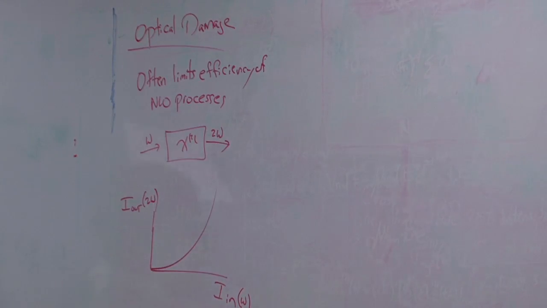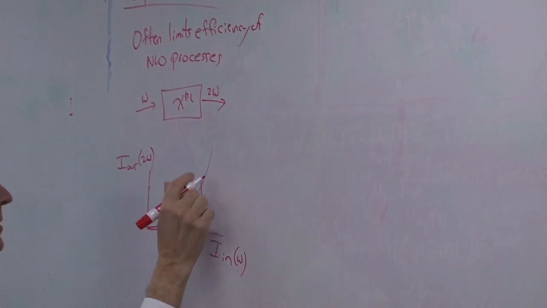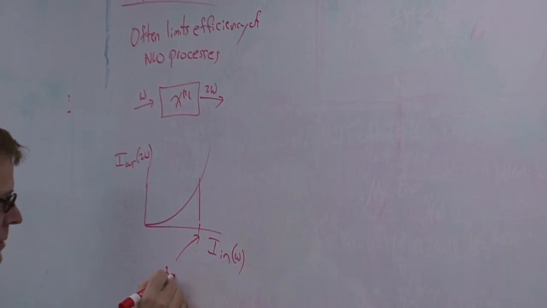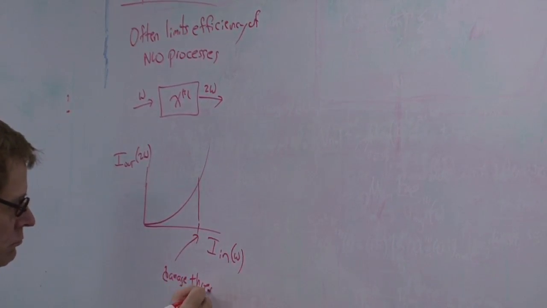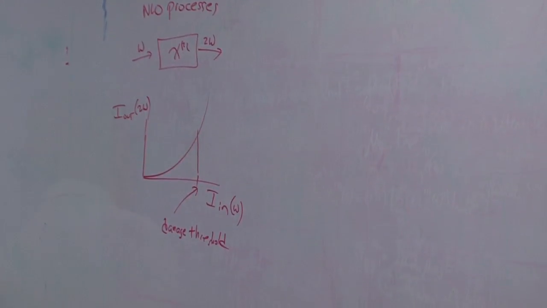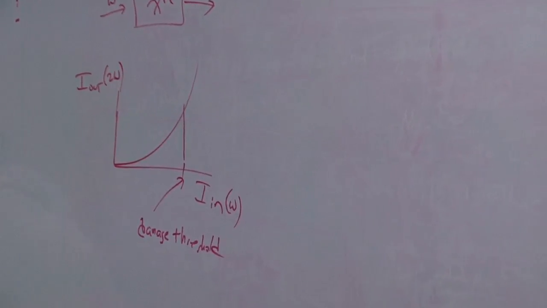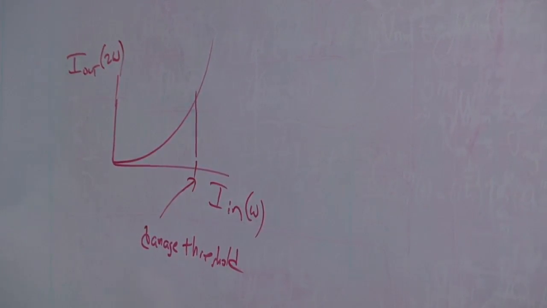It can go on forever. You can get as much, up to 100%, as much second harmonic as you want, but that ignores the fact that maybe there is some damage threshold. Maybe there is some maximum power that a given material can withstand before you damage the material.